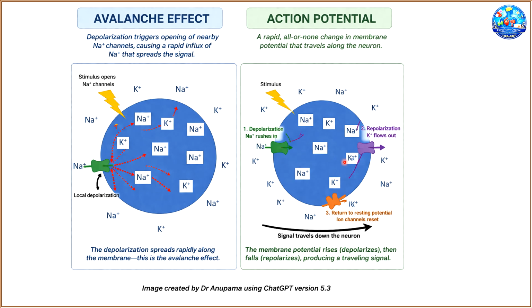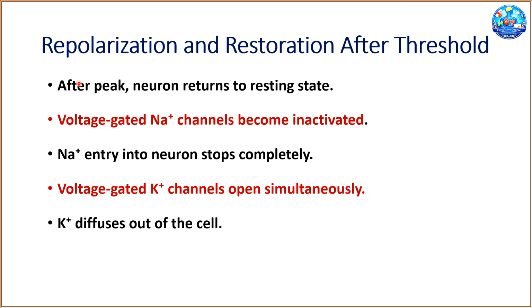After some time, as the membrane reaches a saturation state, which we call the action potential, it is stopped, and then it starts coming back to the resting potential, which we call repolarization. So what is repolarization and how is it restored after threshold?